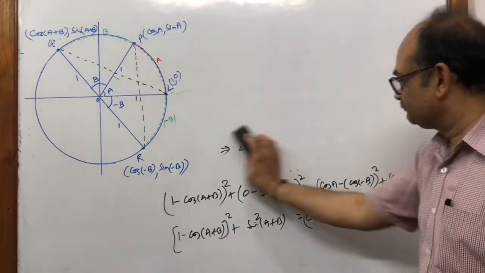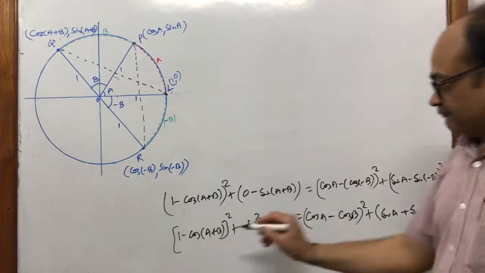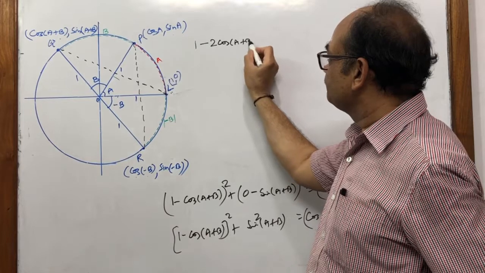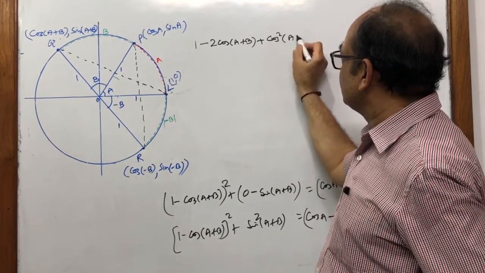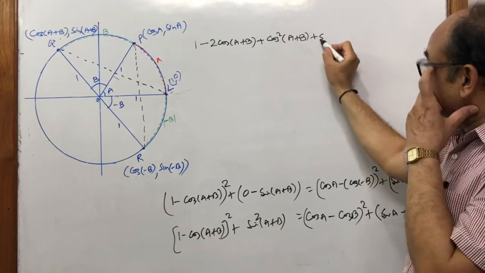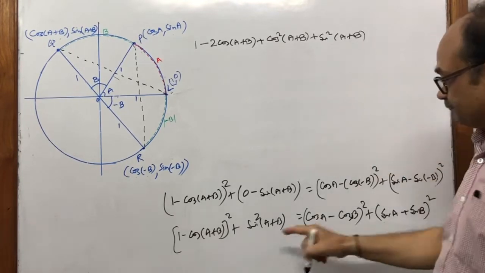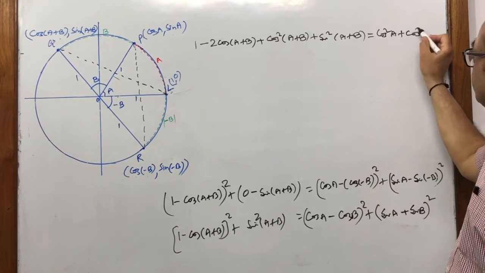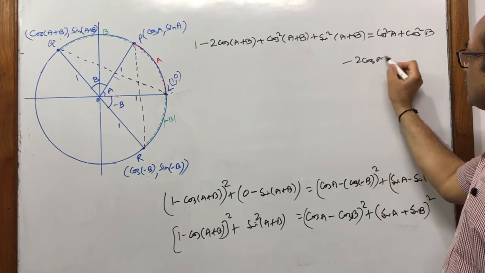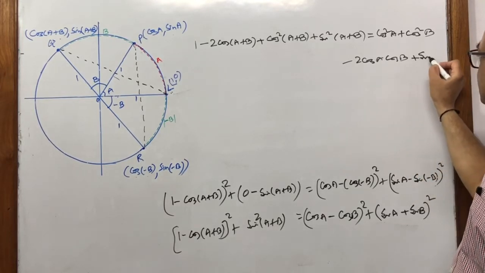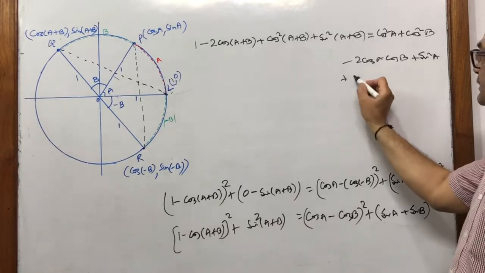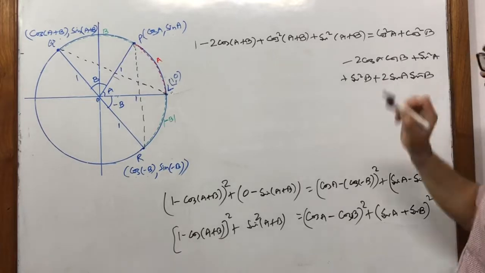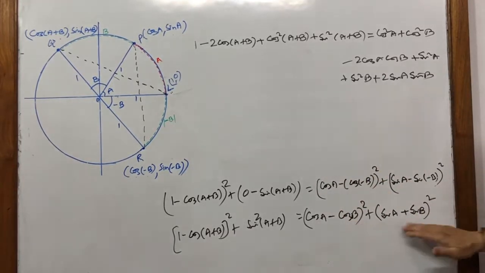So how do we expand? See, we write 1 minus 2 cos(A plus B) plus cos square(A plus B) plus sin square(A plus B) equals cos square A plus cos square B minus 2 cos A cos B plus sin square A plus sin square B plus 2 sin A sin B. Simple, expanding the whole square, and we are getting this.